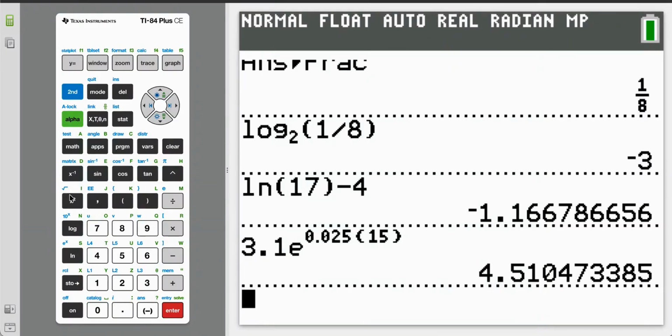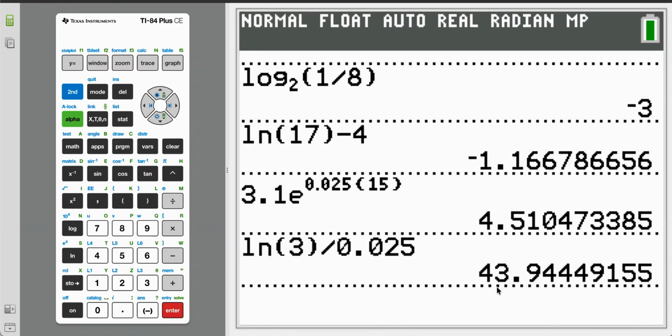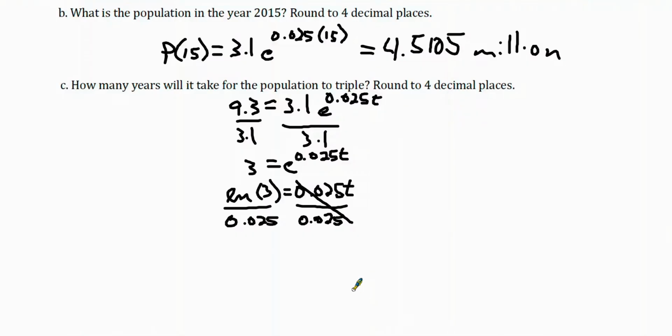So natural log of 3, close the parenthesis, divided by 0.025 gets me 43, and again, if we round to 4 decimal places, 43.9445. Okay, so almost 44 years for the population to triple.